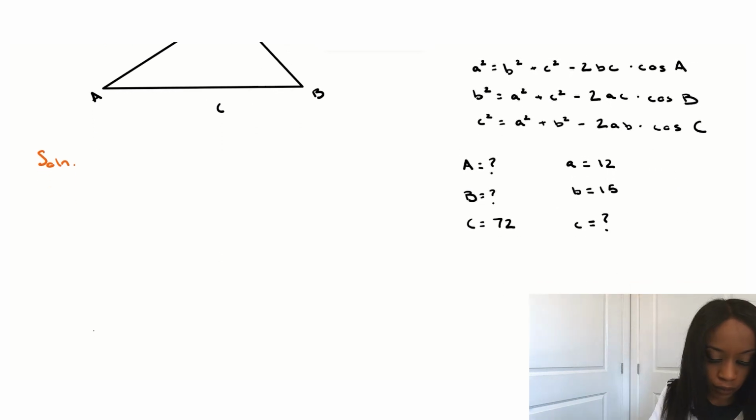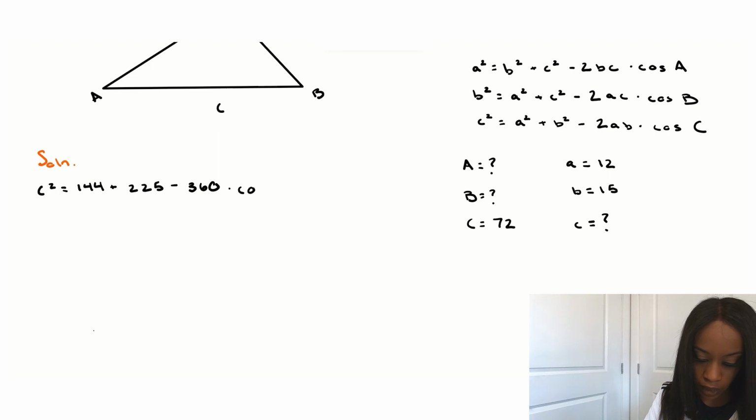So plugging into the formula, c squared equals a squared, which is 144, plus b squared, 225, minus 2ab, which equals 360, times the cosine of angle C, which we are given as 72.